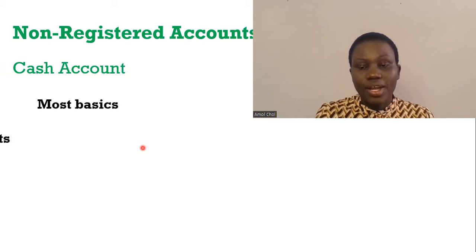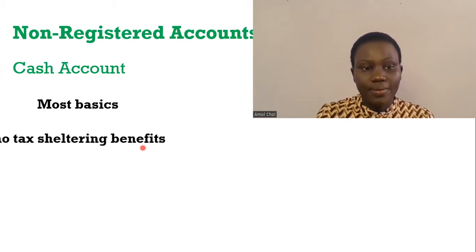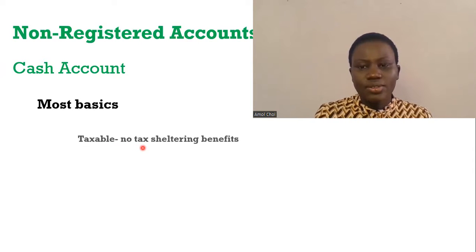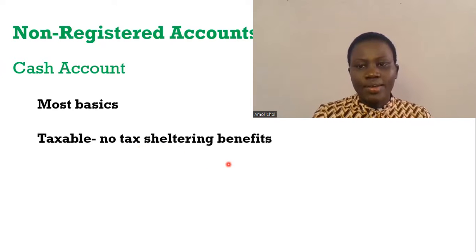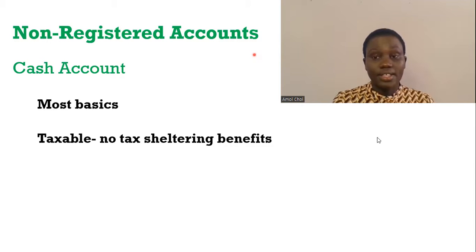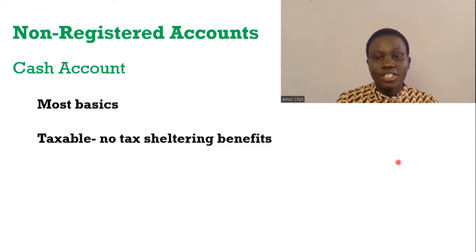Any activity that goes on there, the interest that you earn from that cash account, the dividends you earn there, anything that you earn on top of that, is taxable because they are in a non-registered account. So this is a basic account and it's taxable. Anything that you earn from there is taxable. There is no tax shelter benefit that comes with this account.